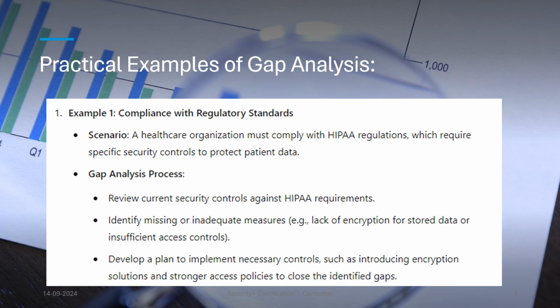One, review the current security controls against the HIPAA requirements. Two, identify missing or inadequate measures, for example, the lack of encryption for stored data or insufficient access controls. Three, develop a plan to implement necessary controls, such as introducing encryption solutions and stronger access policies to close their identified gaps.